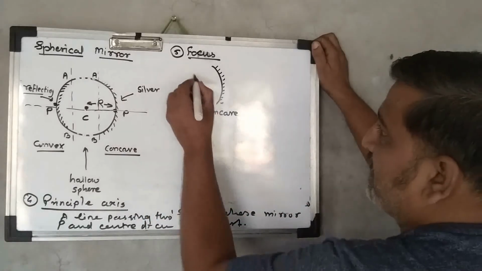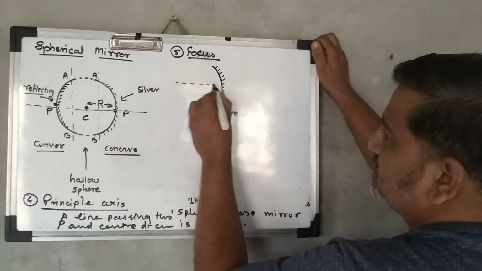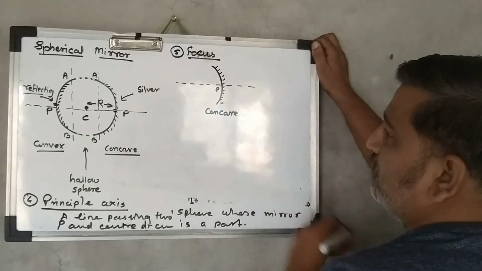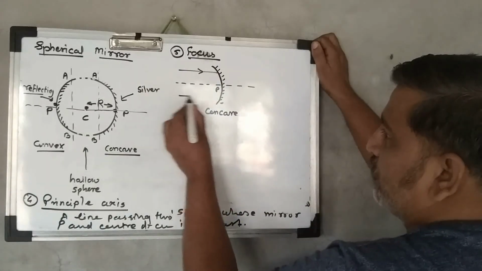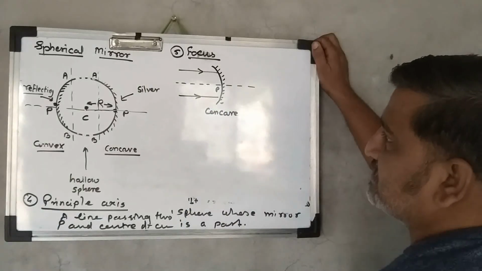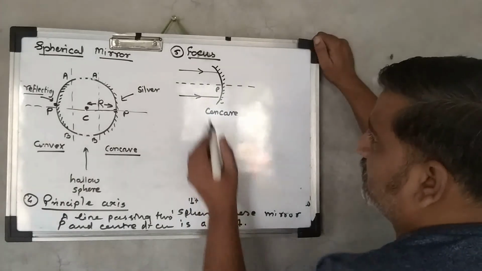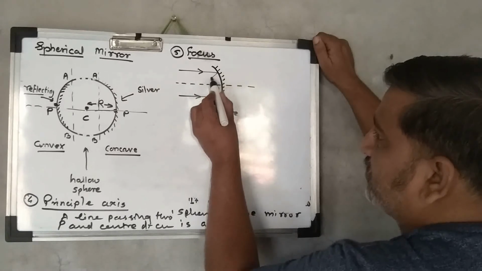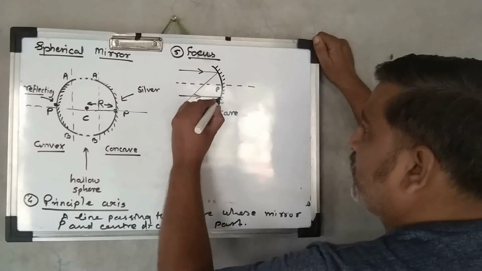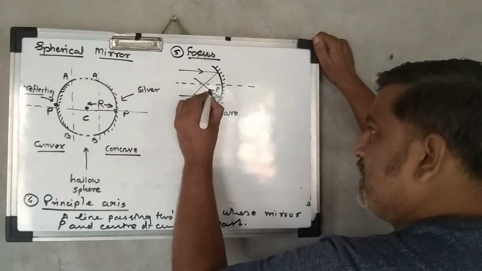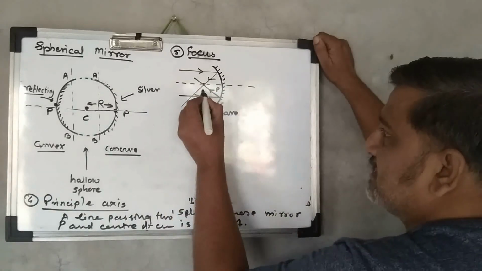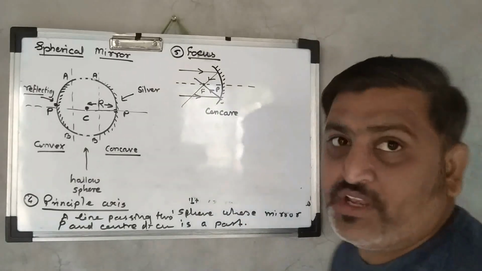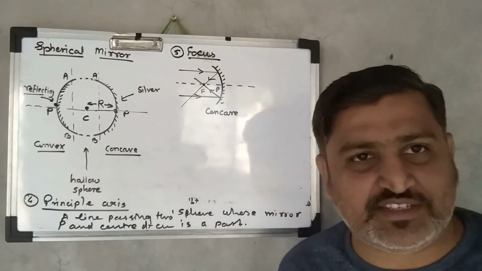This is the principal axis, and this is the pole. When rays of light fall parallel to the principal axis on the concave mirror, after reflection they meet at a single point on the principal axis, and that meeting point is known as the focus.